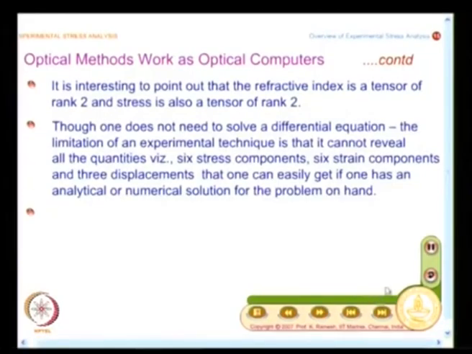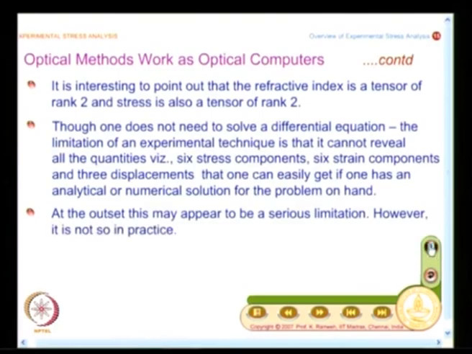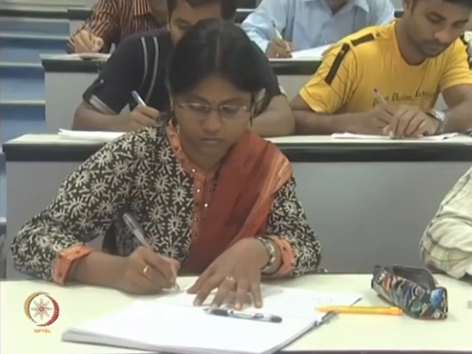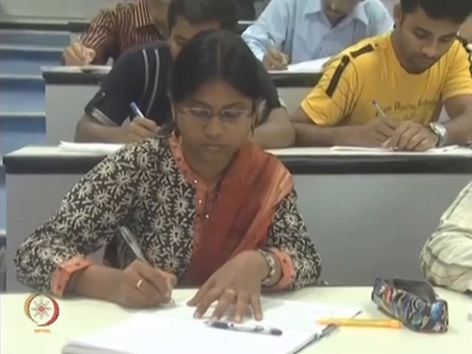So, this is what I would like to emphasize again. We do not solve a differential equation, and from that point of view it is advantageous, but there is a limitation of an experimental technique: it cannot reveal all the 6 stress components, it cannot reveal all the 6 strain components, it cannot reveal all the 3 displacement components. In this particular experiment, we have been able to get only sigma 1 minus sigma 2, and that too you are taking my word.